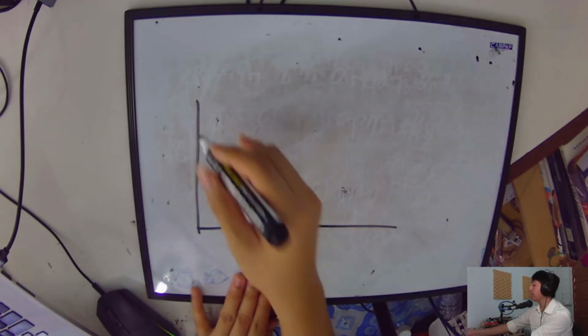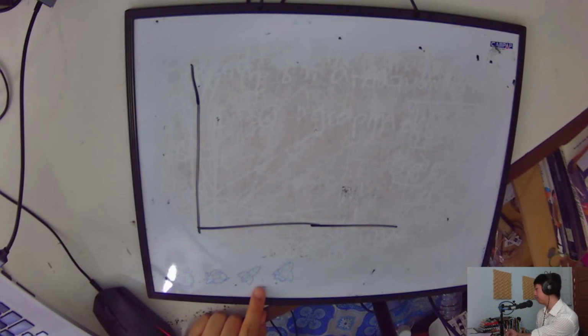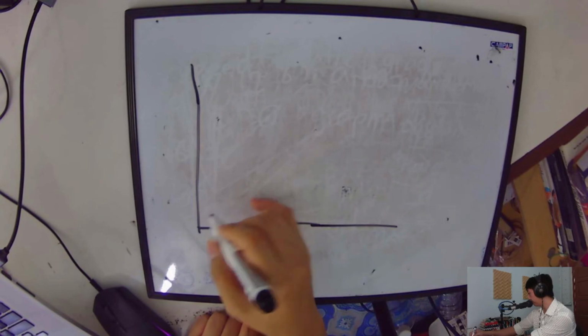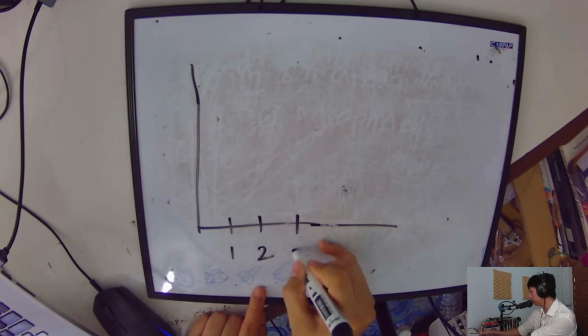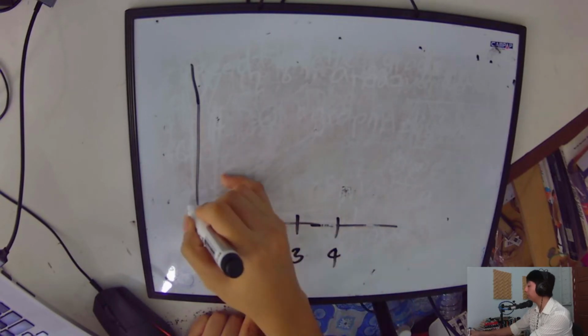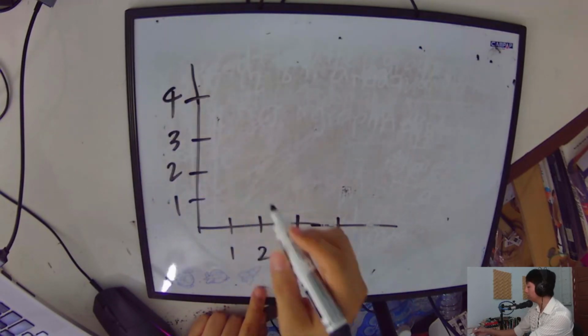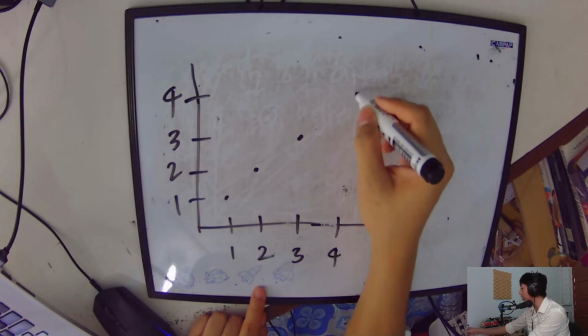So if we go into it, I'll give you an example and then you can try. Let's see, what kind of shape should I use? Let's start with an easy one. So 1, 2, 3, 4. 1, 2, 3, 4. Gradient is 1, so very simple.